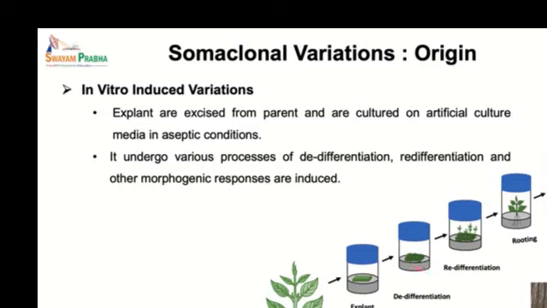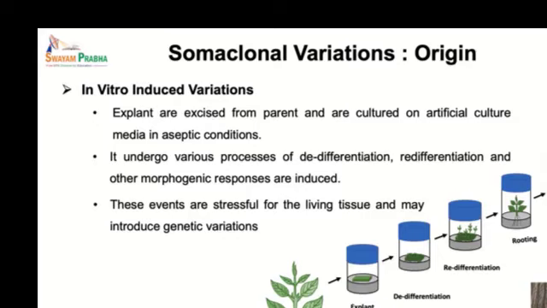Once enough callus tissue is formed, these are induced for morphogenetic responses, that is organogenesis. Then the shoots of suitable size are excised and transferred onto the rooting medium. After the roots develop from these shoots, the plantlets will be ready for transfer to the soil for hardening.